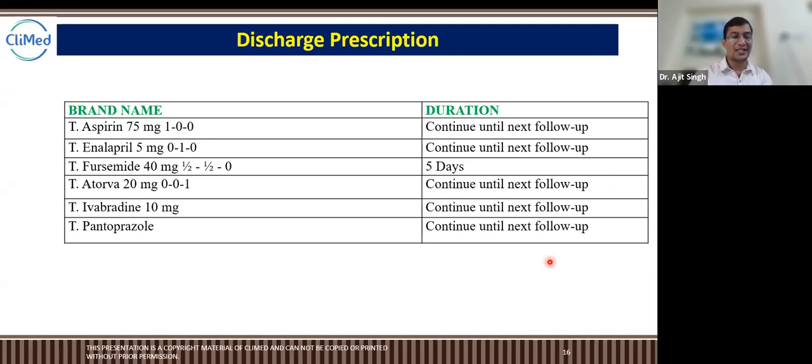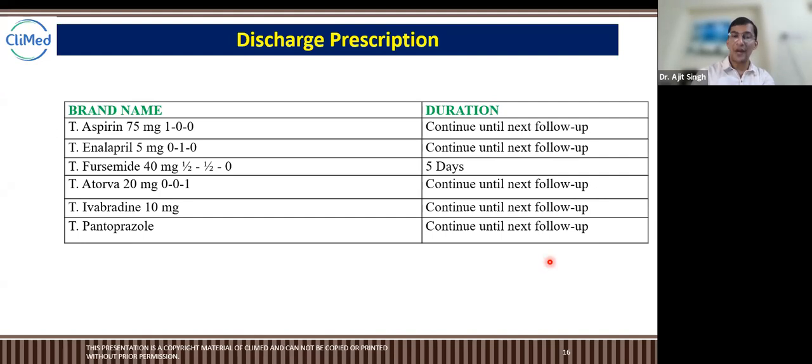If you read about the RAS system, ivabradine is not directly intervening with the blood pressure, so it is not causing hypotension as bisoprolol was doing. So that's why bisoprolol was cut down and ivabradine was introduced to control the heart rate and not to intervene with the blood pressure. These were the two reasons.